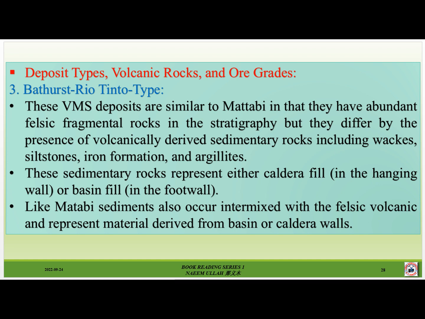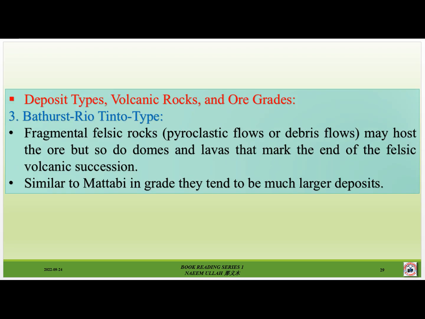These sedimentary rocks represent either caldera fill in the hanging wall or basin fill in the footwall. Like Matagami, sediments also occur intermixed with the felsic volcanics and represent material derived from basin or caldera walls. Fragmental felsic rocks, pyroclastic flows, or debris flows may host the ore, but so do domes and lavas that mark the end of the felsic volcanic succession. Similar to Matagami in grade, they tend to be much larger deposits.